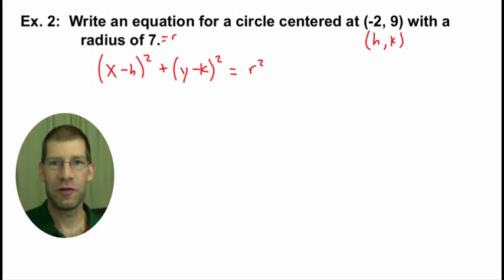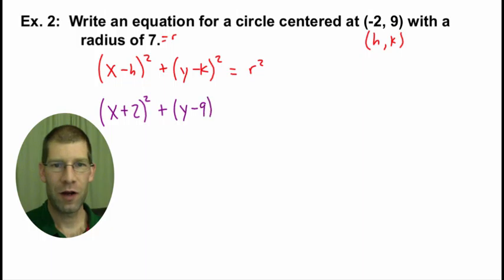So my equation is going to be x minus the x value of my center. My x value is a negative 2, so instead of x minus a negative 2, which isn't simplified, minus a negative is the same as just adding 2. So (x + 2) quantity squared plus y minus my y value, so (y − 9) quantity squared, equals my radius squared, so equals 49.